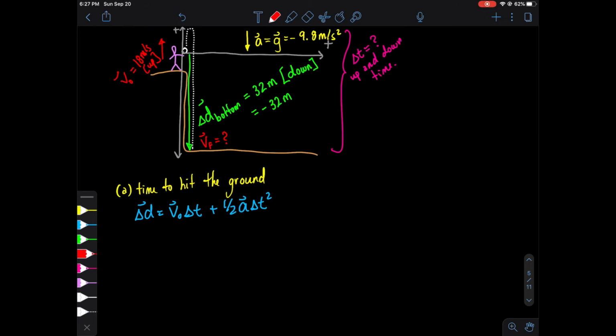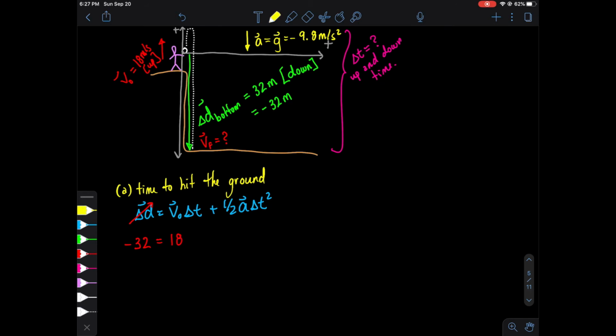Now, the things that we're given is that the displacement from the hand to the ground is the total height above the ground, which was 32 meters, but since the direction is downwards, we have to put in negative 32. And the initial velocity, since it's pointing up, we take it as a positive value, so 18.